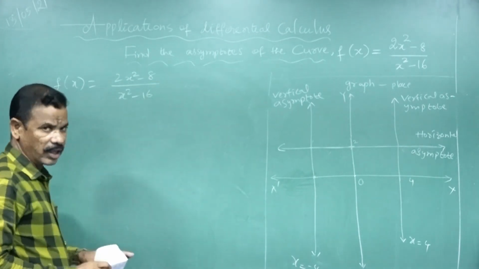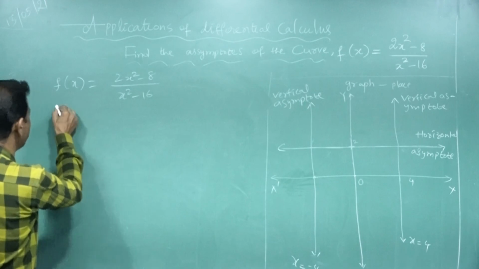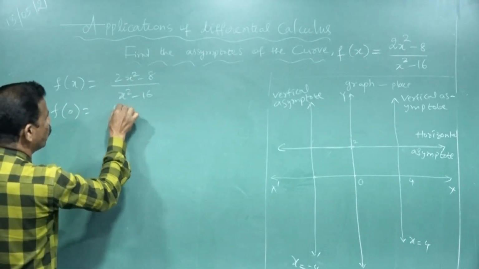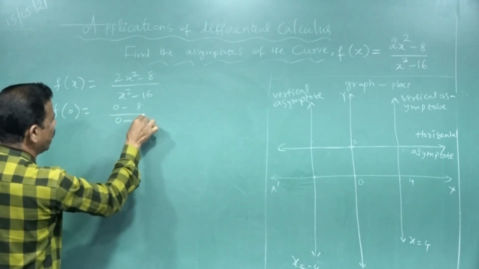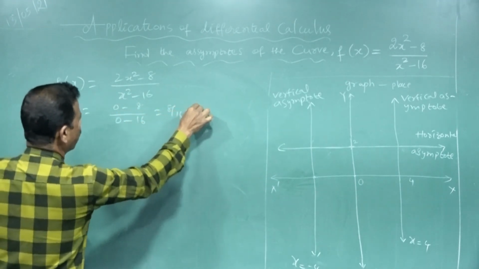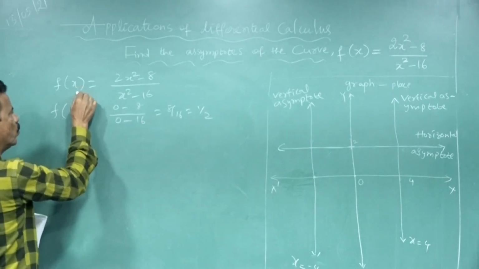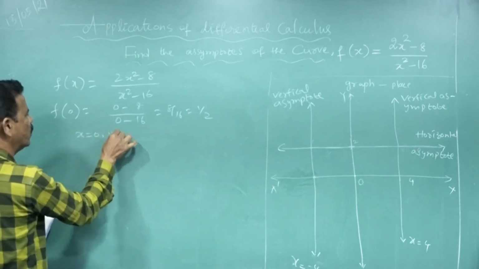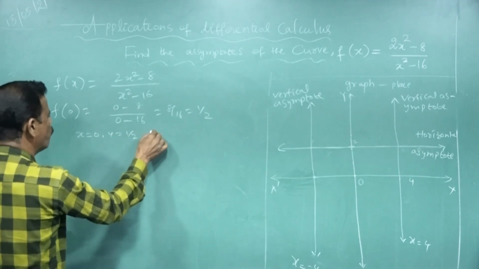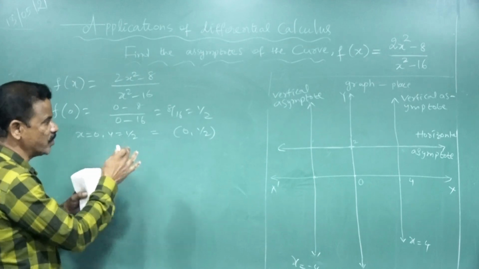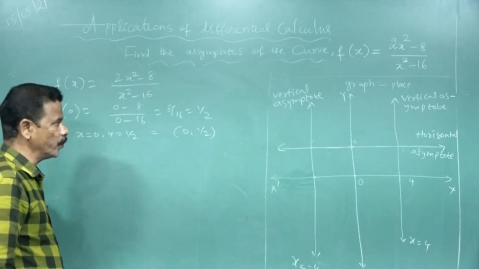Suppose we check how the graph is drawn. Suppose x is equal to 0, put it in: f of 0 is equal to 2 into 0 minus 8 by 0 minus 16, that is 8 by 16, which is 1 by 2. So this is the y value. If x is equal to 0, then y is equal to 1 by 2. So this point is (0, 1 by 2), and the curve passes through it.